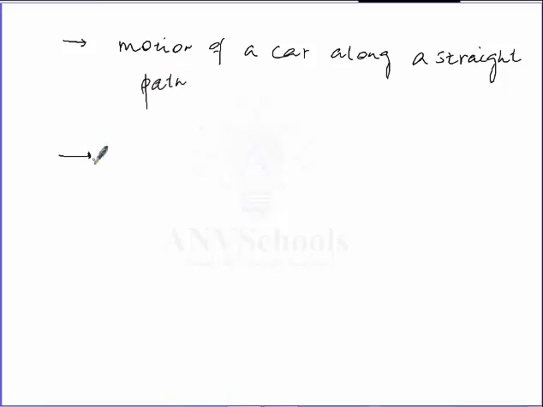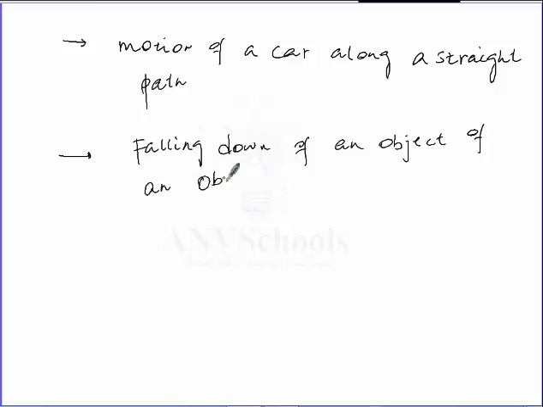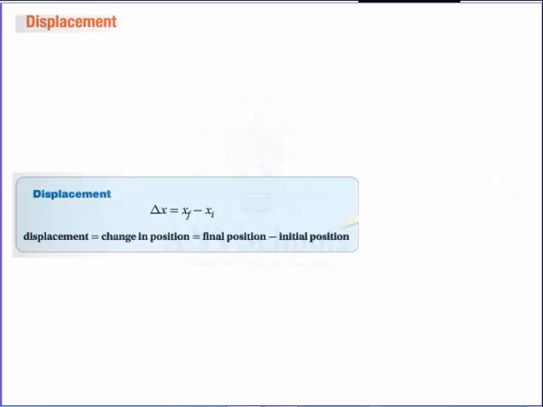Or the falling down of an object from a certain height. So these are examples of motion in one dimension. We can list a lot. These are the typical examples.